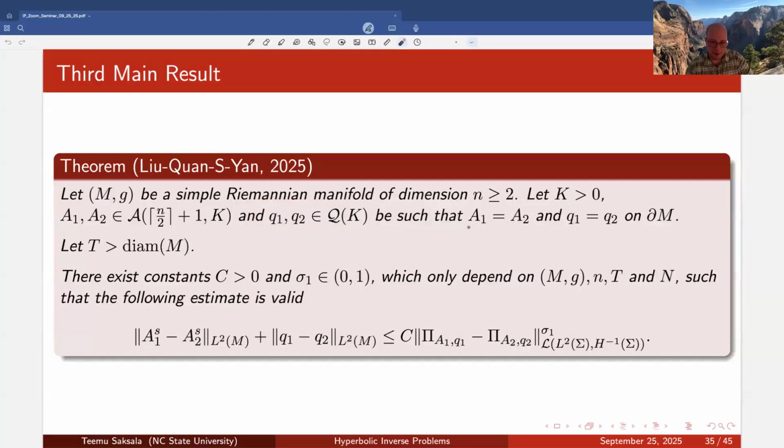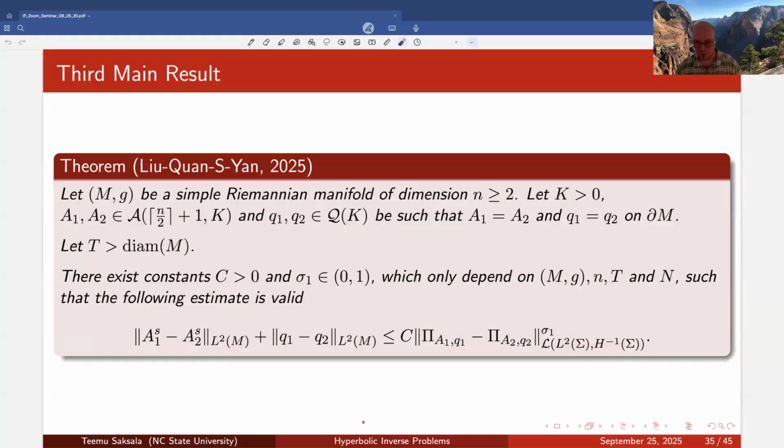If the unknowns that I want to recover stably agree on the boundary, and if I measure long enough, say the time is at least the dimension of the manifold, then we can show that there are two constants C and sigma, which only depend on my manifold, in this case the simple manifold, such that the following Hölder stability estimate holds for the recovery of these lower order terms.